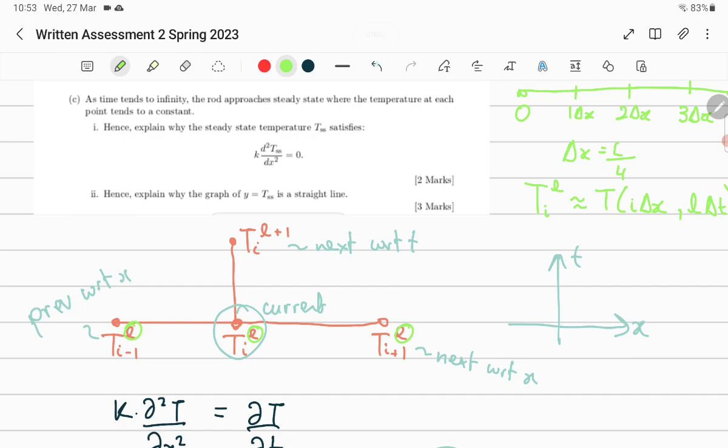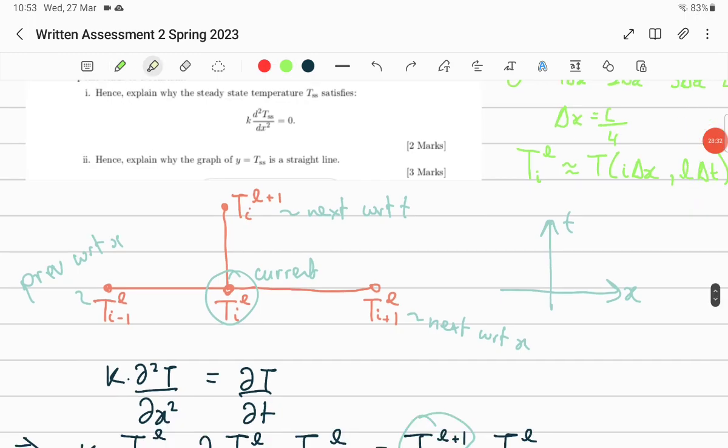If this is the current, if you go 1 over, that's i plus 1, the next temperature and distance, and then the previous temperature and distance. And we also want the same point on the rod, but at the next time. So this is the schematic that we need. We have this axis here on the right: the x-axis is the horizontal and the t-axis is the vertical.